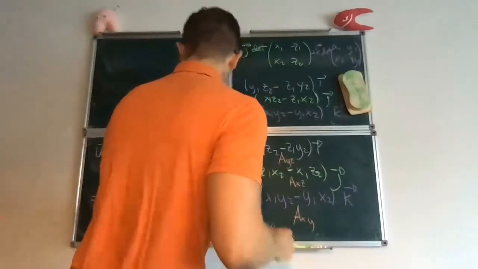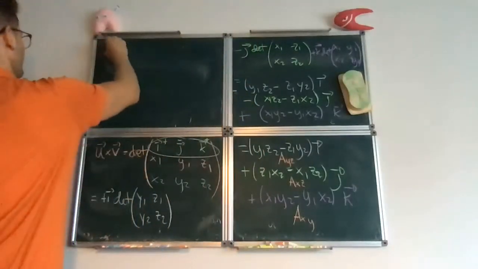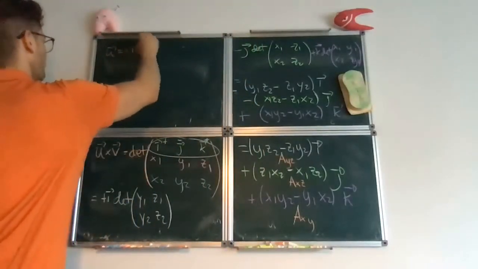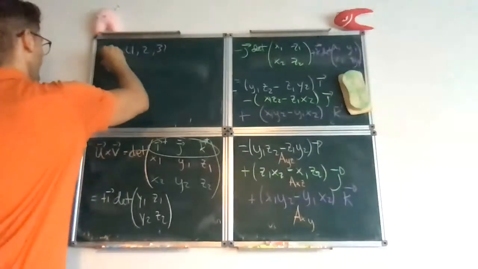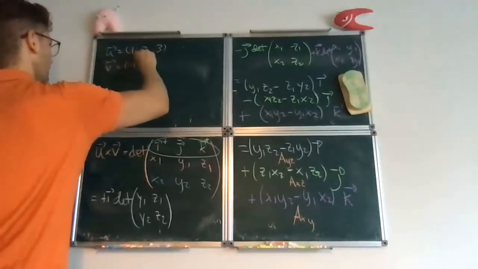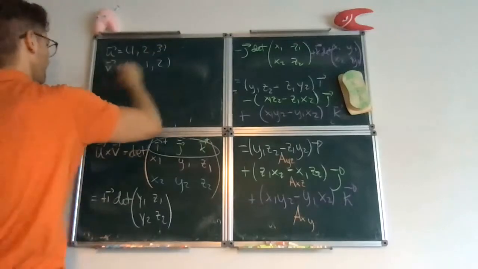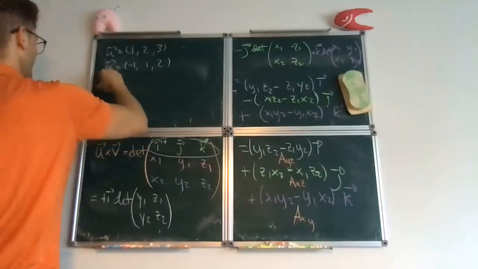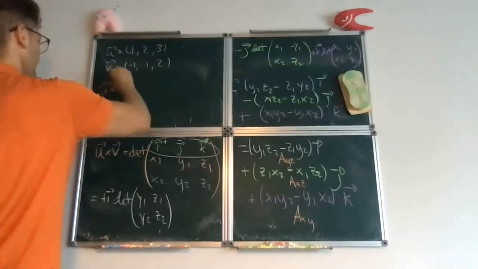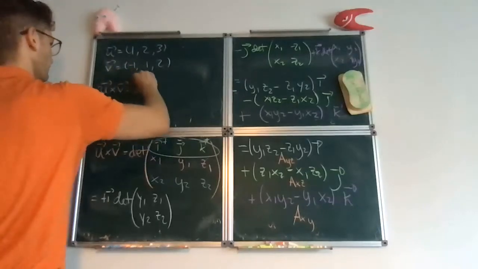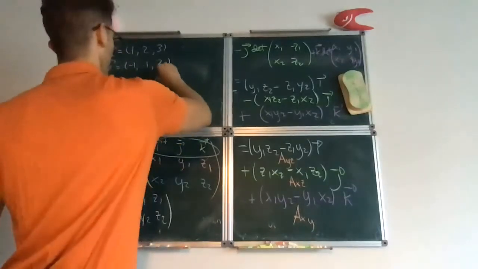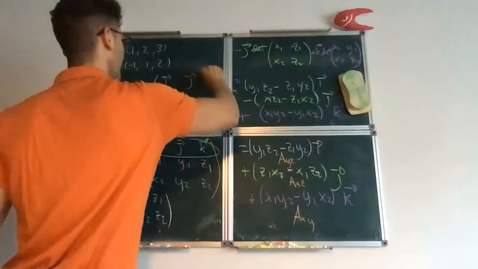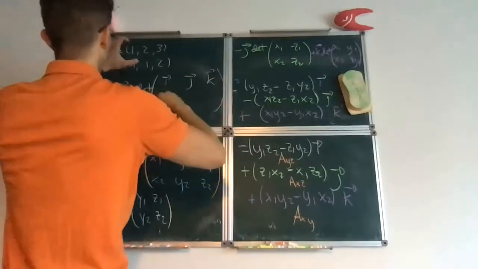So say you wanted to find the cross product between 1, 2, 3 and -1, 1, 2. What you would do is do a determinant. Again, you put I, j, and k on the first row, and then you just copy these two.